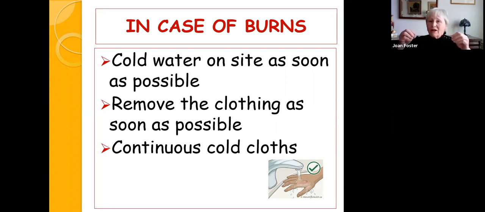But what you're trying to do is get the heat out of the clothes. Or if there's no clothes, like in the picture, the hand, you put your hand under the cold water, or you put a bag of frozen peas or frozen blueberries on top of your hand. So I have no problem with ice. Cold is great.